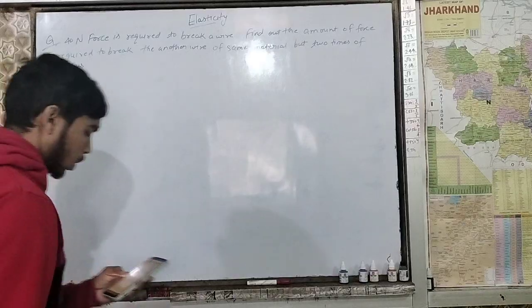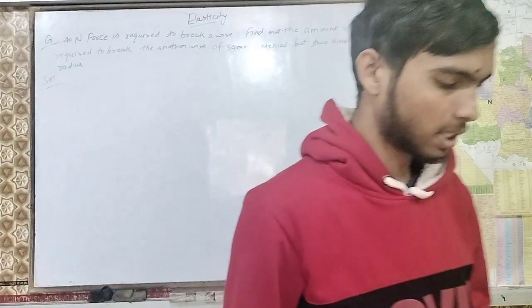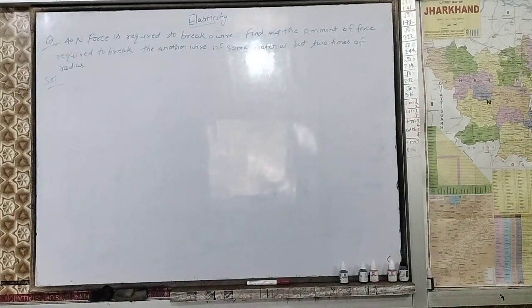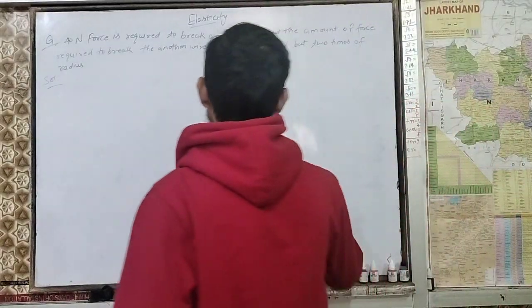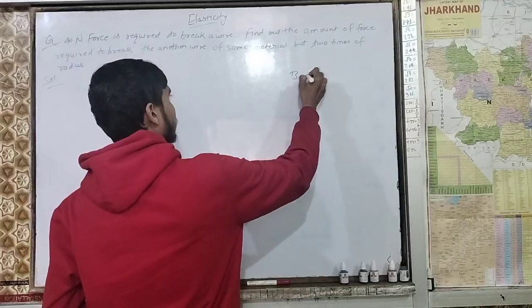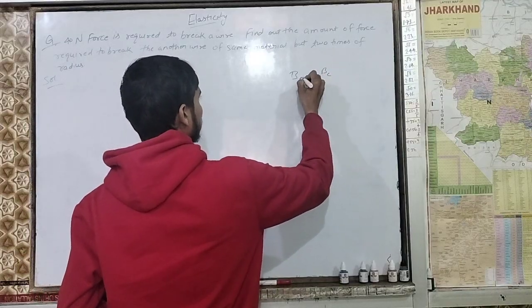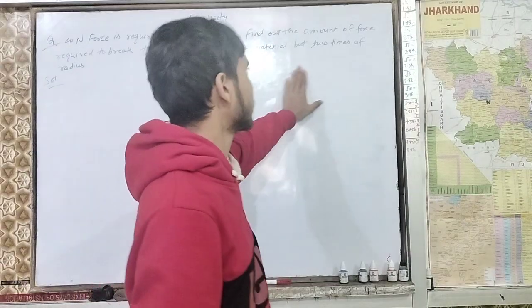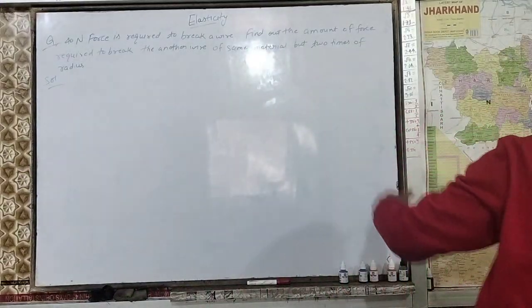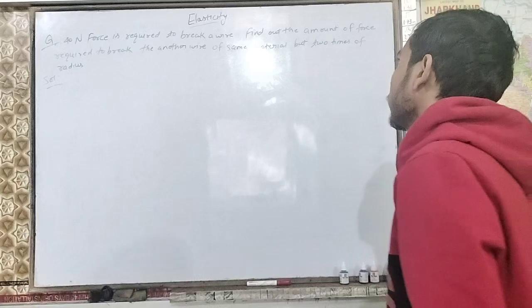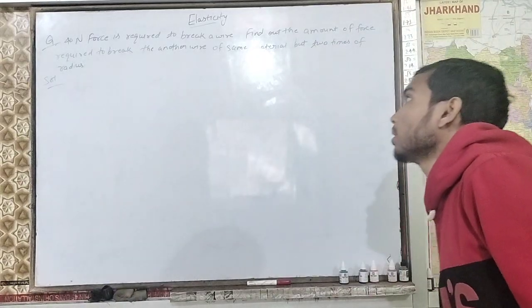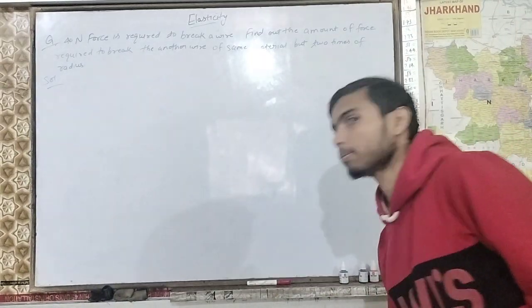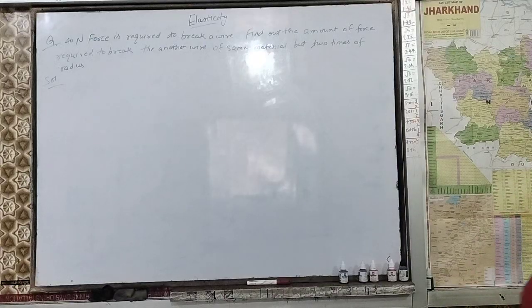So you can say for wires of the same material, since the material is the same, breaking stress will be the same. Remember, the breaking stress of wire A will be equal to the breaking stress of wire B. Reason is the material is the same.